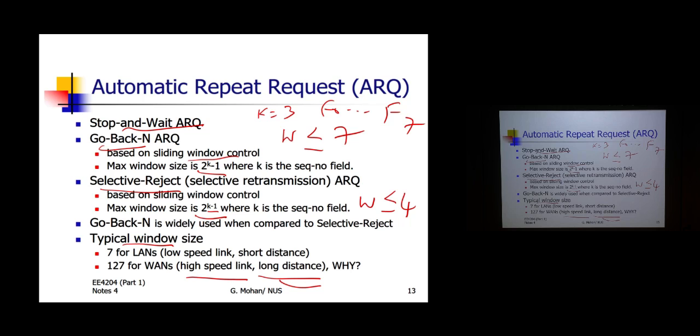Then we can continuously transmit without any problem. So for a high-speed, long-distance link, we can have a larger window compared to a low-speed link. If you keep a smaller window, we will quickly exhaust it, so to avoid that, we keep a larger window.